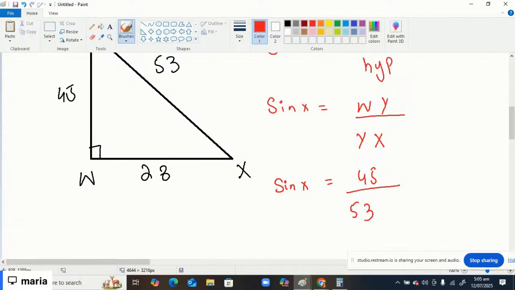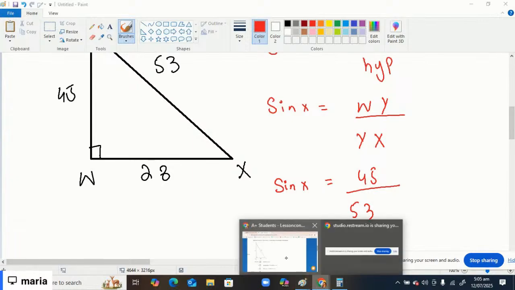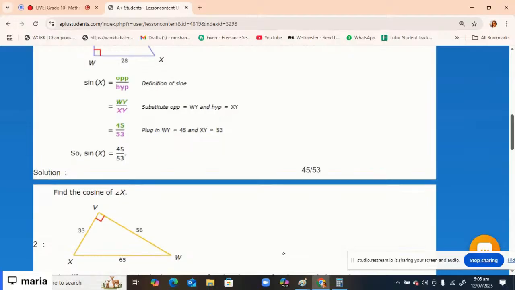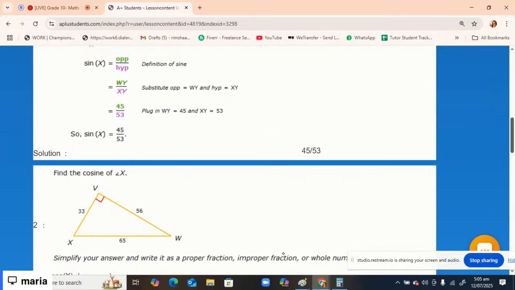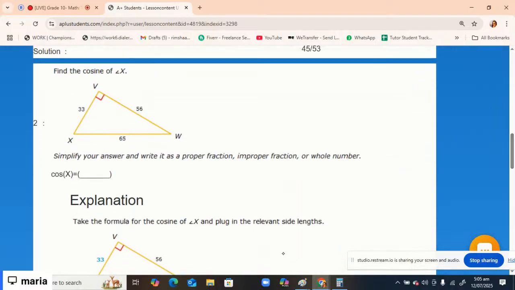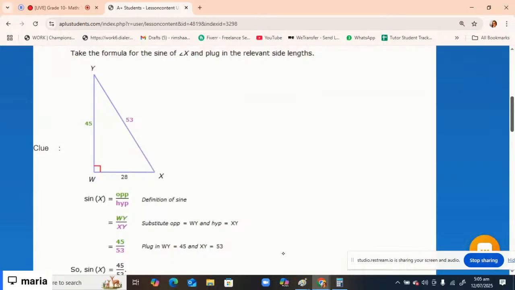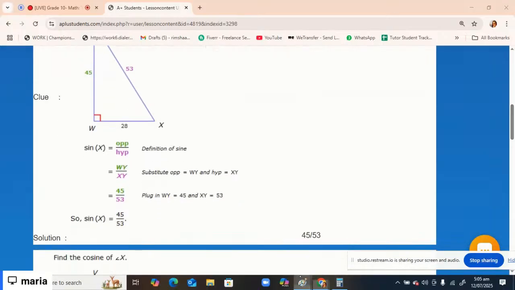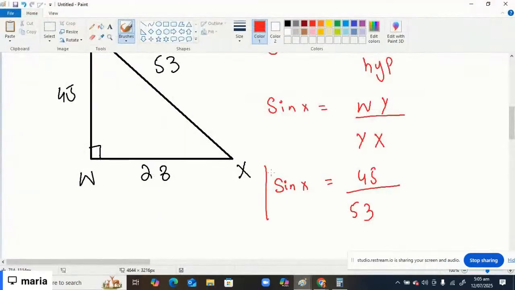Now let's divide 45 over 53, and then we find the answer. Look here, we find it this way. Now to find the cosine, this is the sine one, you find it by using this formula.